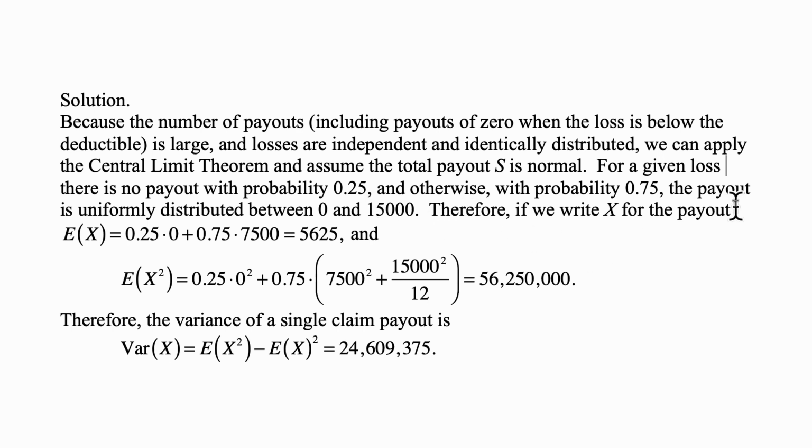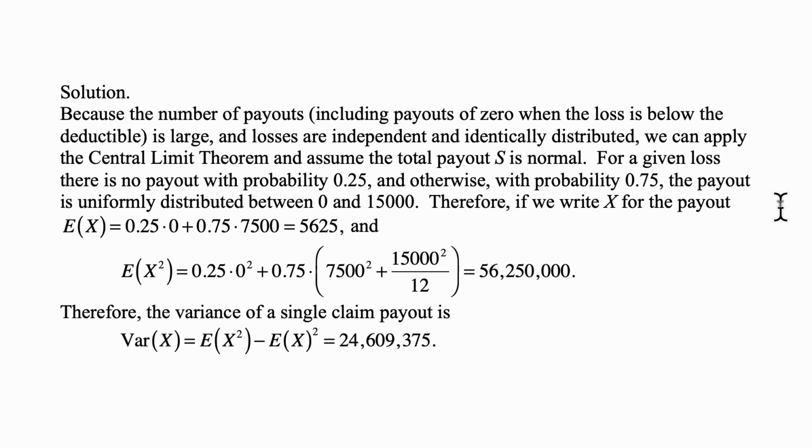Therefore, if you write X for the payout, E of X is equal to 0.25 times 0 plus 0.75 times the expected value of the uniform distribution between 0 and 15,000, which is 7,500, and that's equal to 5,625.